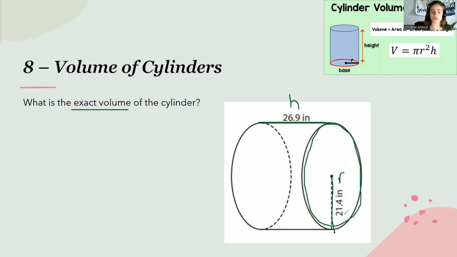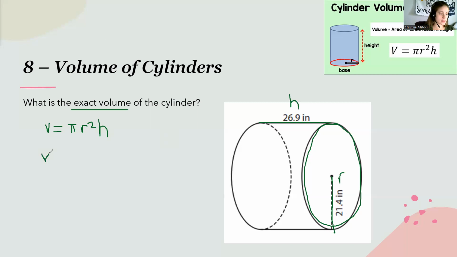We have a radius of 21.4 inches. So if our formula is V is equal to pi r squared h, and we're being asked to find the exact volume, that means we're not going to estimate the value of pi. We're not going to be using 3.14. We're going to be keeping that symbol for pi in our entire problem and in our answer.